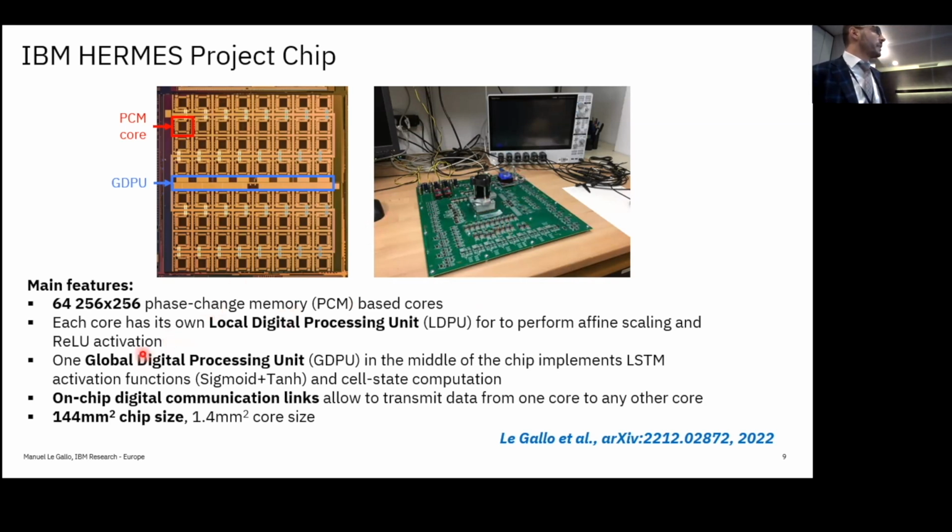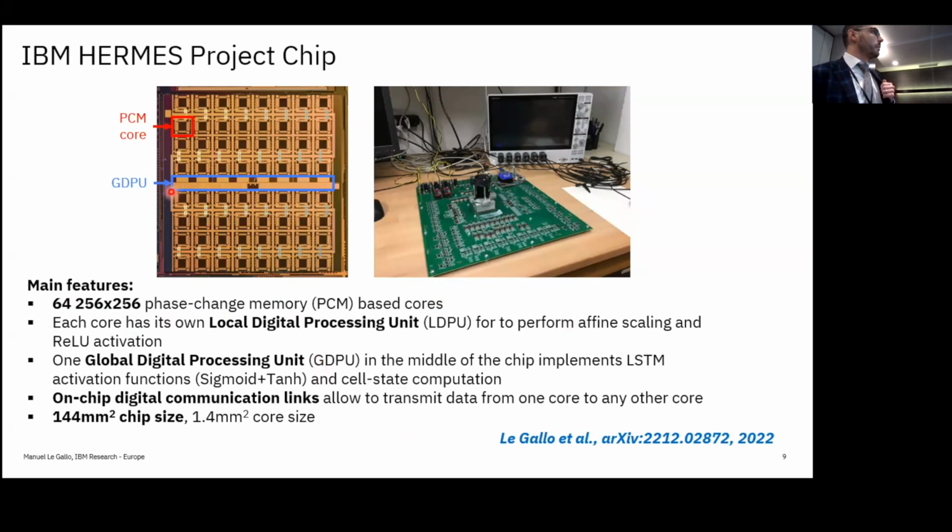The chip has 64 256 by 256 cores based on phase change memory. These are the matrix vector multiplication cores. Each core has local digital processing units that can be used to perform some affine scaling operations and also ReLU activations.